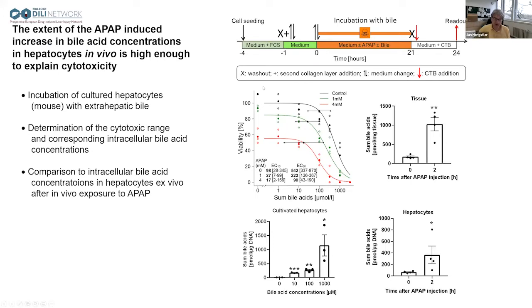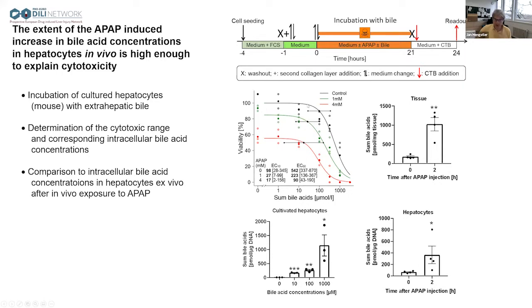So what we did is we used bile collected from the extrahepatic bile duct from mice. And we determined the total bile acid concentrations and incubated hepatocytes with increasing concentrations of the bile acids. So this was done for native hepatocytes and also for hepatocytes co-incubated with paracetamol.